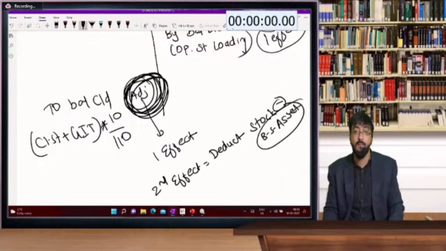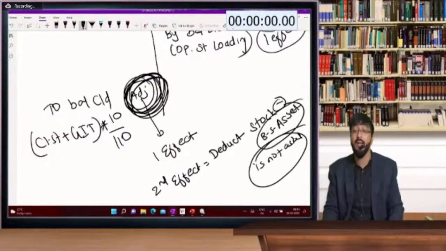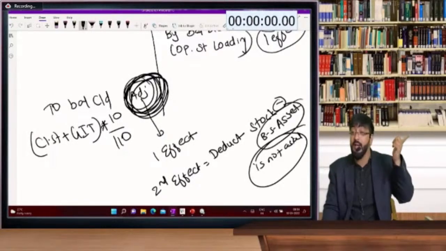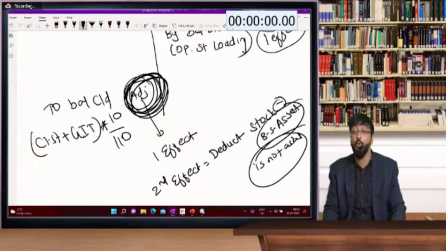So the first effect here is to balance carried down. The second effect is not asked in this question, as you are not asked to prepare the balance sheet. But if they ask, this question will come in illustration number 13, where you will get the same provision of closing stock loading. So I am explaining it here only. Please beta, please be careful.